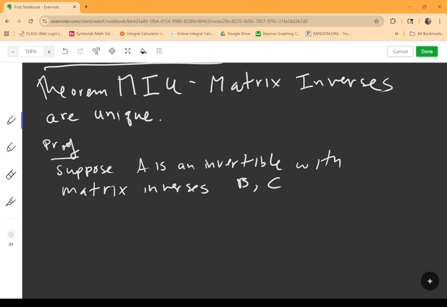In other words, AB equals BA equals I_n, and the same thing for C: AC equals CA equals I_n.